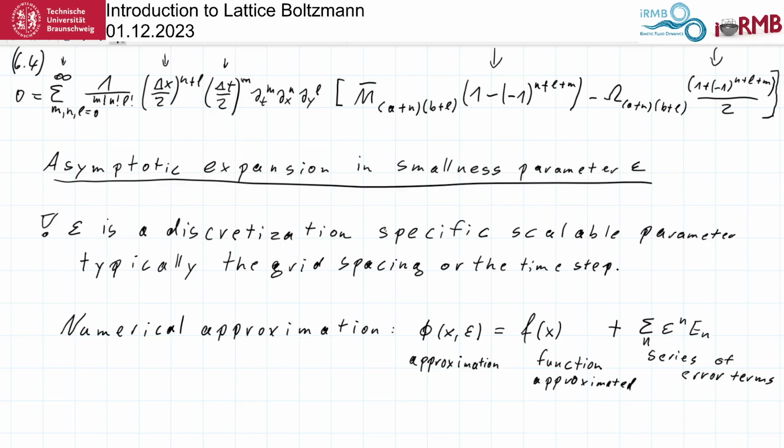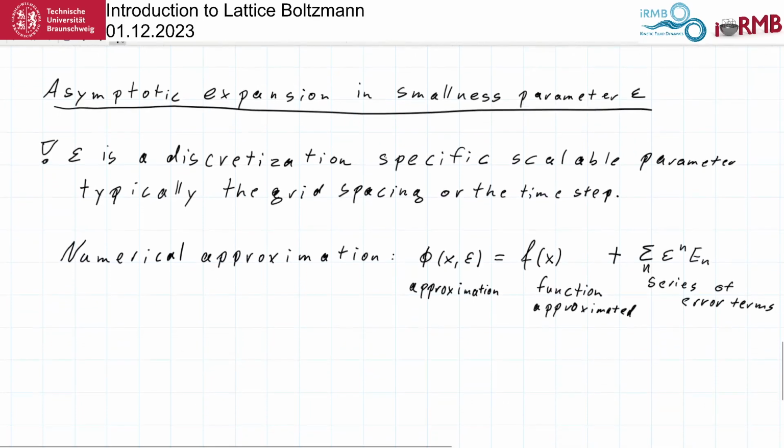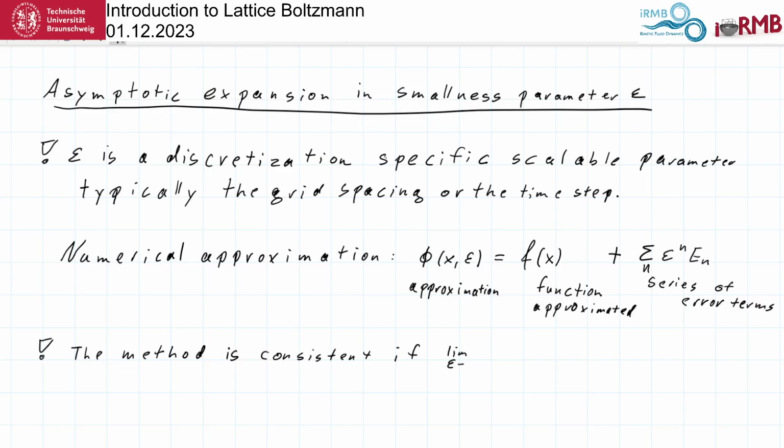This epsilon gives you control over the error, and you will only call this method consistent, or an actual approximation, if it has this condition. So when it's consistent, then it's actually an approximation, if the limit for epsilon going to 0 of phi of x and epsilon is f of x.